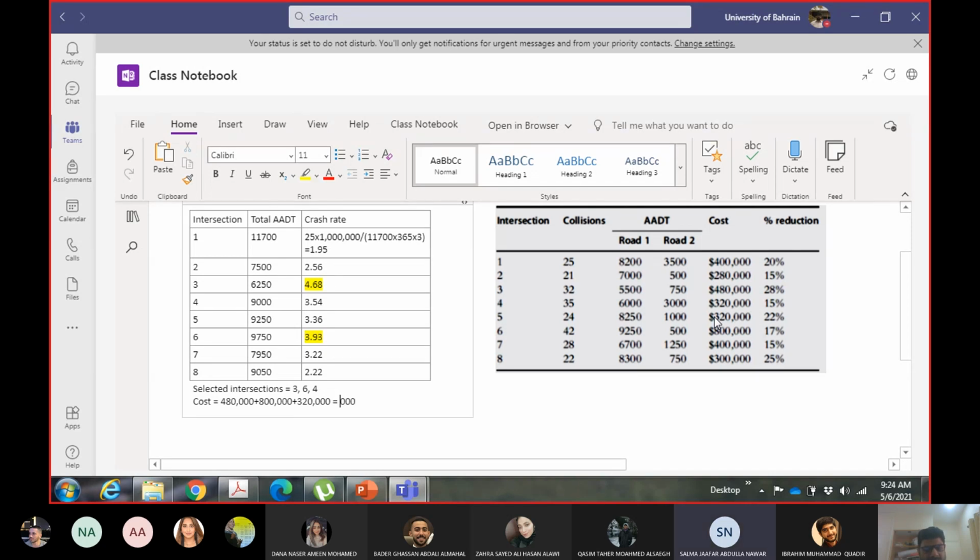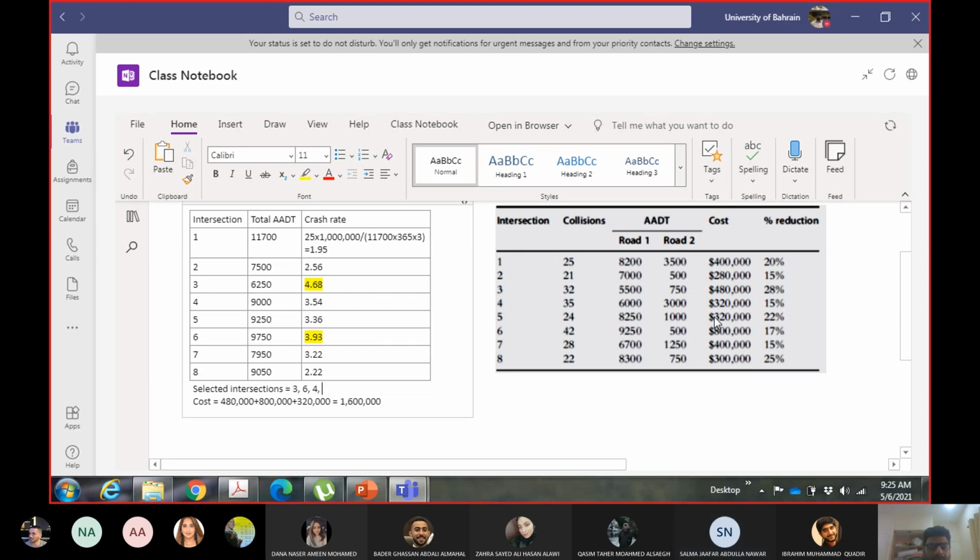The total is 1,600,000. So we still have some budget.